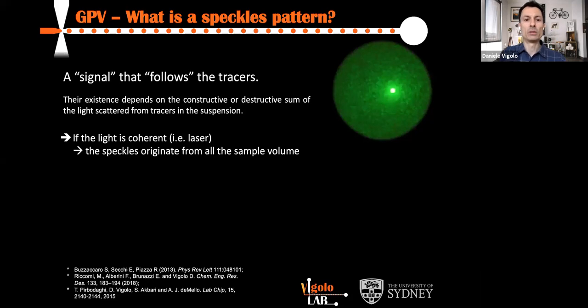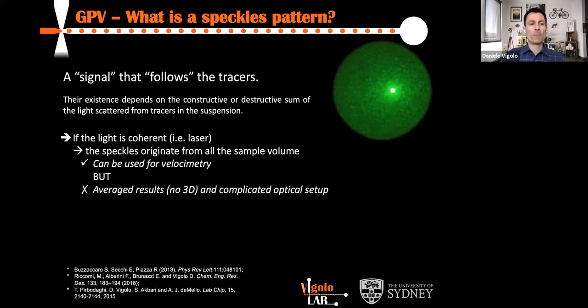If you're familiar with lasers, you will recognize this picture, and this is the standard speckled pattern that you will see from a laser. Obviously, the laser, being a coherent light, can originate speckles very nicely with a high contrast, and there are techniques that measure velocimetry through lasers, of course.